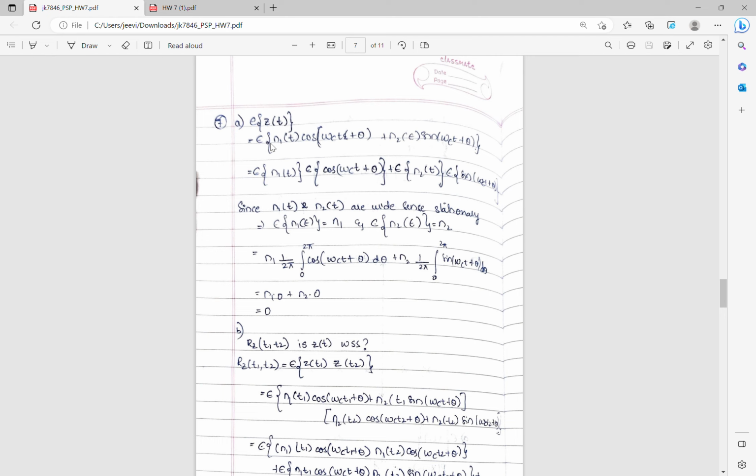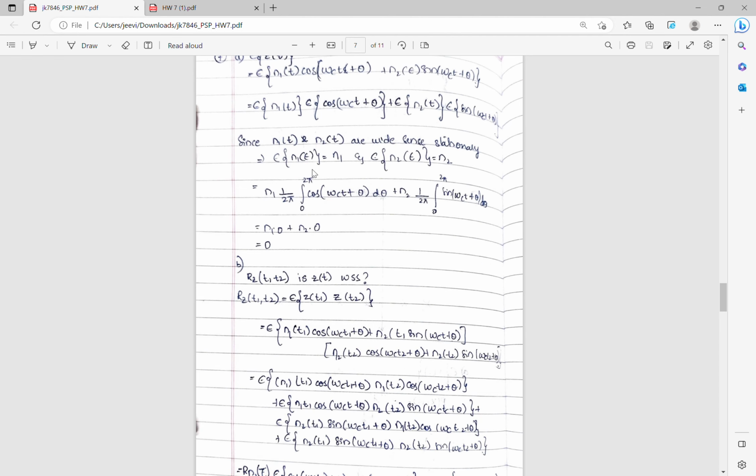Since all of them are independent, we can just write this as the expected value of n1(t) times the expected value of cos(omega_c t plus theta), plus the expected value of n2(t) times the expected value of sin(omega_c t plus theta). Now it is given that n1(t) and n2(t) are wide-sense stationary, which implies that the expected value of n1(t) is equal to eta 1 and the expected value of n2(t) is equal to eta 2.